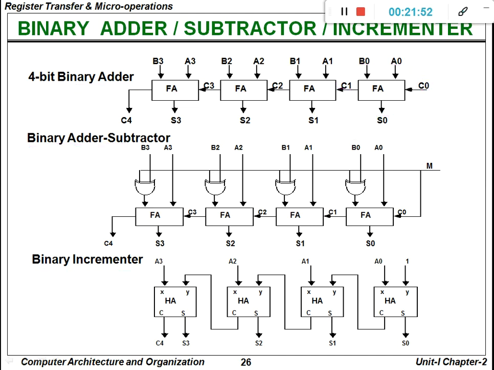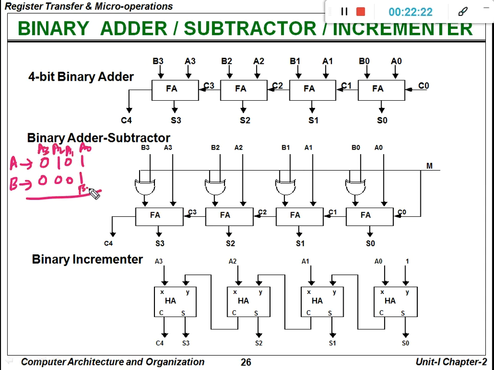Now let us take one example and see how this is going to generate the output. For example, consider the addition of 0101 and 0001. What does it mean? This is register A, this is register B. These are A0, A1, A2, A3.